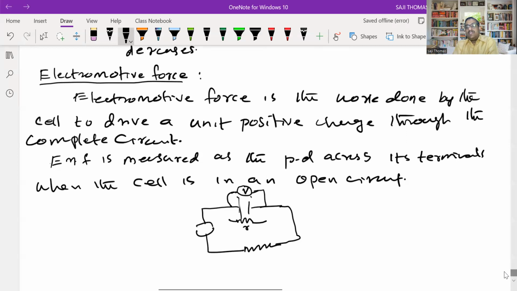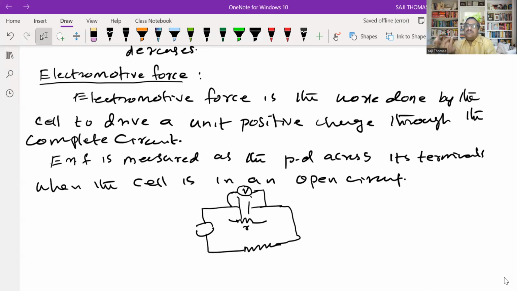So EMF is measured as the potential difference across the terminals of the cell when it is in an open circuit. If the circuit is closed, when you put the plug inside the key, the voltmeter will not give you EMF.